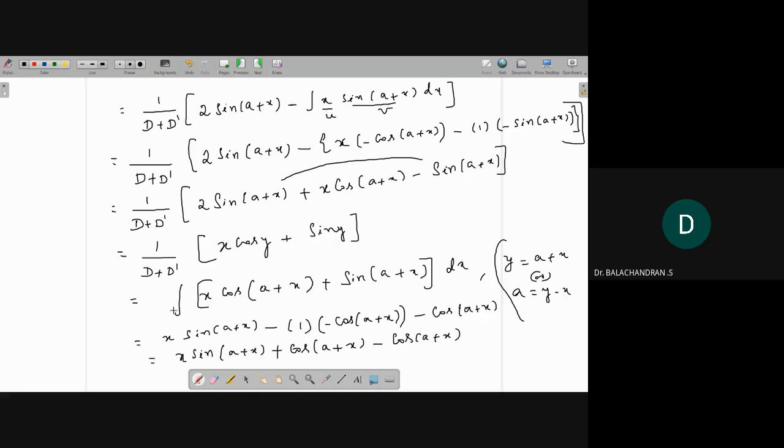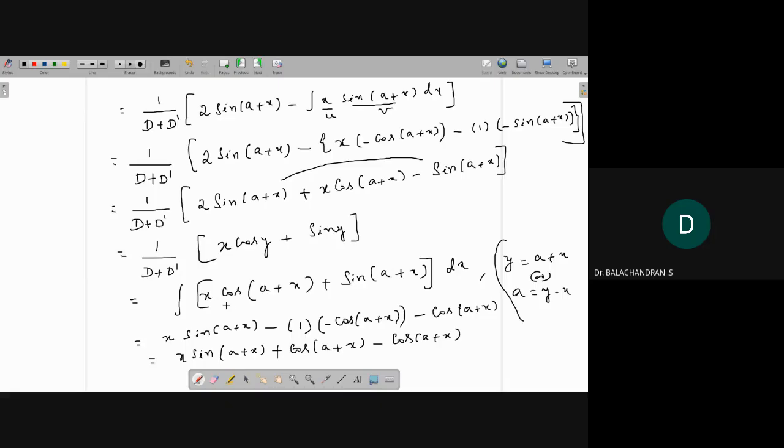So for integration, you should keep x cos, instead of y, a plus m, which is 1 into x, plus sine, instead of y, again a plus m, which is 1 into x. Finally you should replace a plus x by y, or a equal to y minus x.